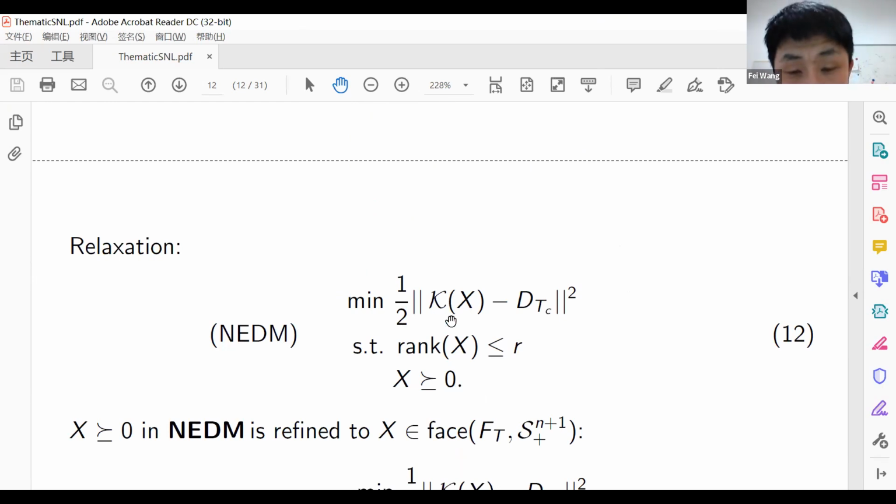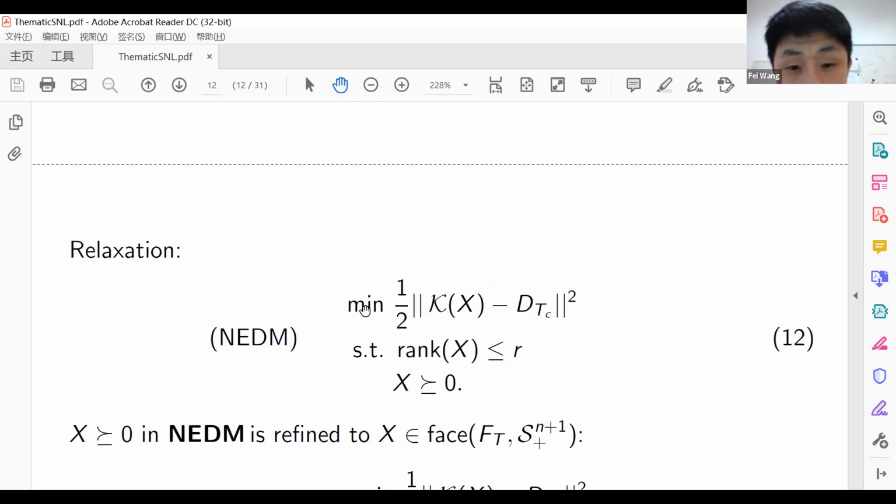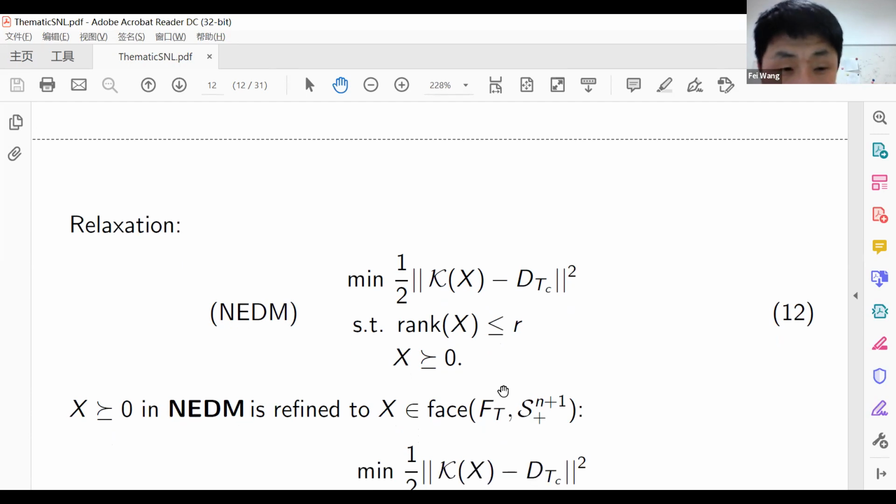K is the map between the PSD cone and the EDM cone. So in this model, the towers are completely free. There are no restrictions on the locations of the towers. Towers are treated the same as the source, the cell phone.